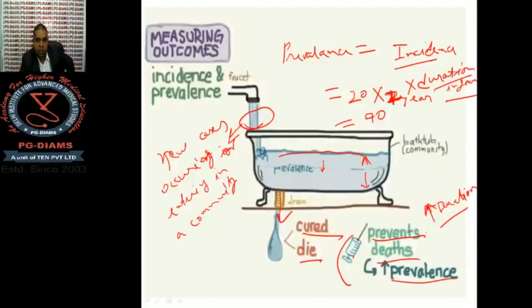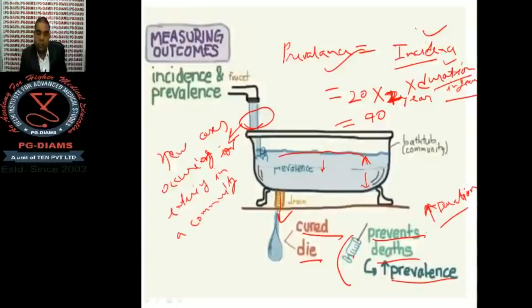So prevalence depends on two things, incidence and duration. If a disease is very lethal, the duration will be very short, and hence prevalence is very low. For example, Ebola virus. Recently, an Ebola outbreak happened in Africa. The prevalence was low because although there were many incident cases, all the cases used to die within 1 week. So duration was very small in a year.